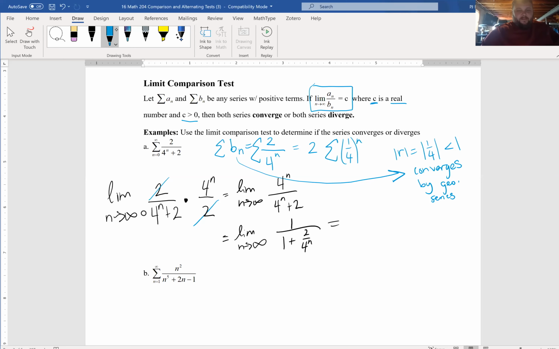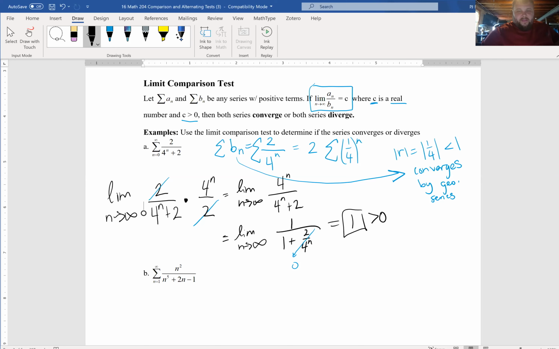Now when I evaluate the limit, anything to the nth power is going to become infinite, and 2 over infinity is going to become 0. So I'm going to get 1 over 1 or just 1. That is a real number that is greater than 0. Therefore, a sub n does the same thing that b sub n did.